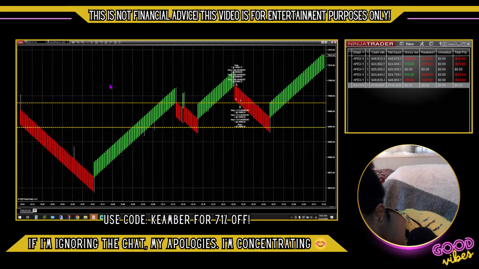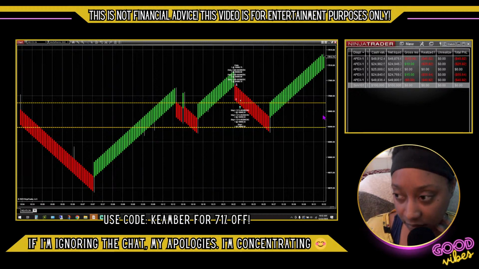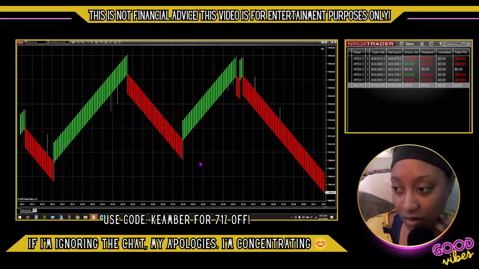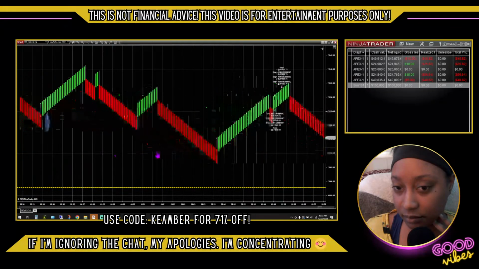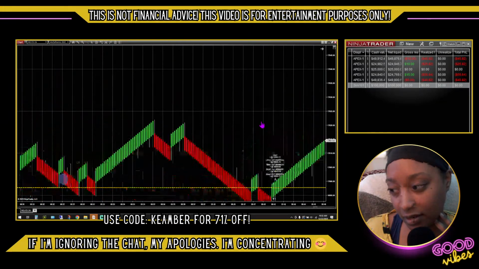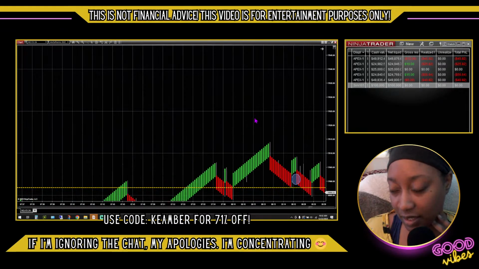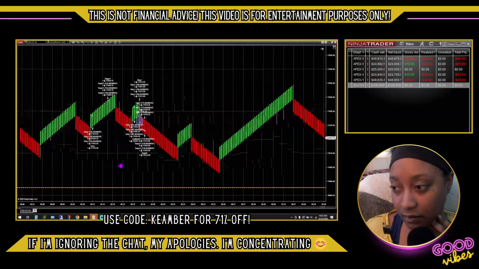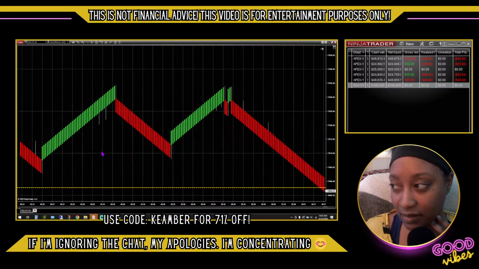And the reason why I don't put it on the screen is because I'm not all the way sure if I want to keep this particular setting. But price just looks so much smoother on Rinkos. Nobody can argue that. You can see consolidation a lot faster and everything. You can clearly see the higher lows and lower highs and all of that.